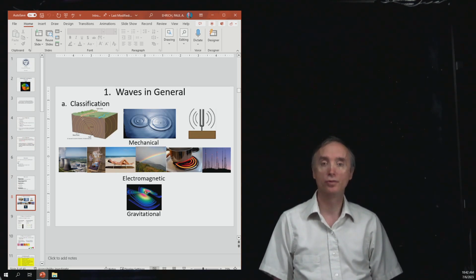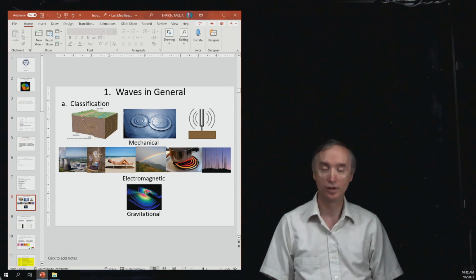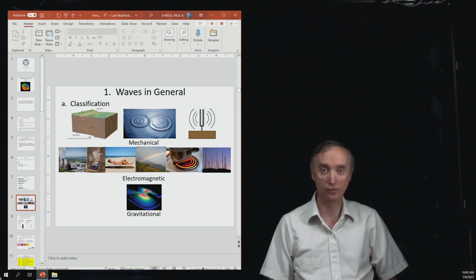So you need to know the difference between a mechanical wave and an electromagnetic wave. You do not need to worry about the gravitational waves. A mechanical wave requires something to actually carry the wave. In the case of an earthquake wave, the waves are being transmitted because the rocks themselves are moving back and forth.